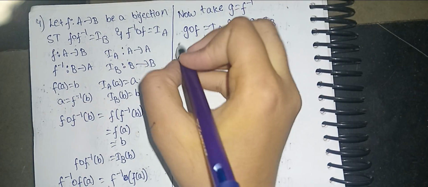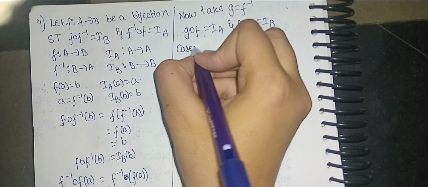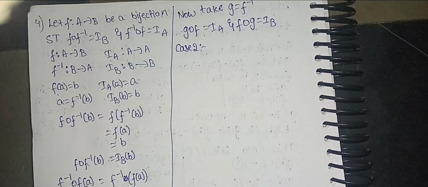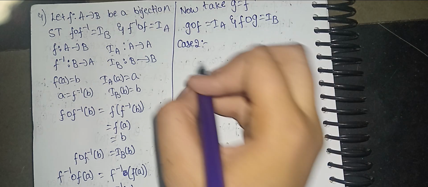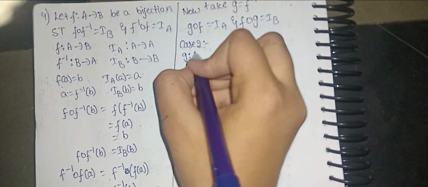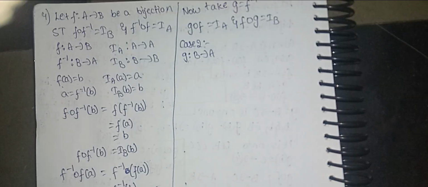Now case 2. Let's assume there is a function g from B to A. In case 1 we assumed that there is no such function, but in case 2 we are assuming that there exists a function.